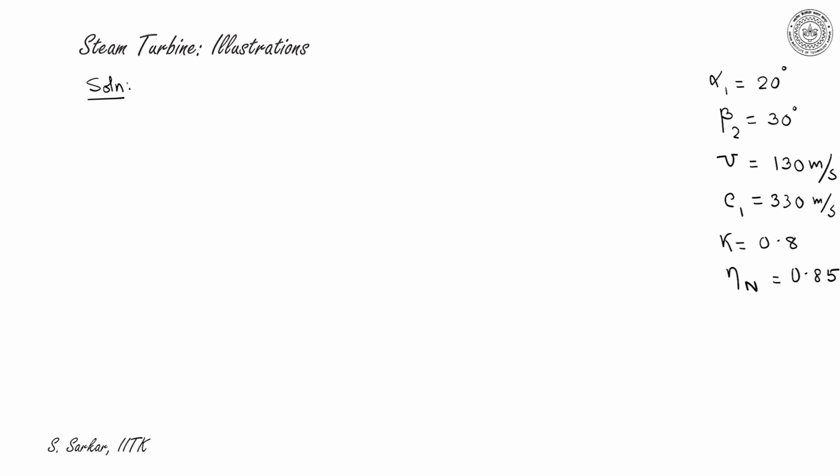Now let me draw the velocity triangle. First I'll draw the inlet velocity triangle and then I'll superimpose on it the exit velocity triangle as before. So this is U, blade speed, W1, and this is C1.